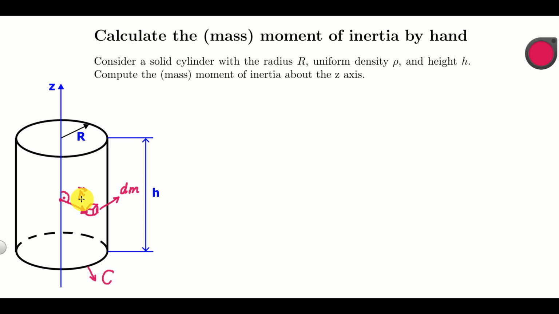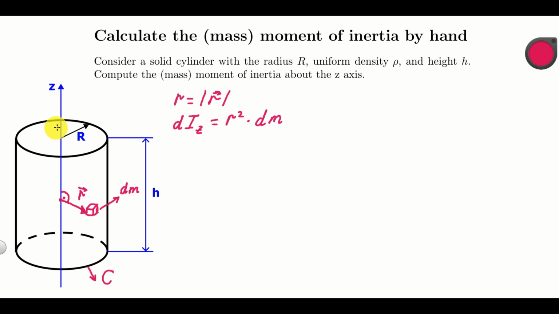Then, let the intensity of the vector r simply be denoted by r. Next, let's define the mass moment of inertia of this infinitesimally small mass dm. It's defined like this: dI with the subscript z is equal to r squared multiplying dm. In this notation, I denotes the moment of inertia and z denotes the axis.